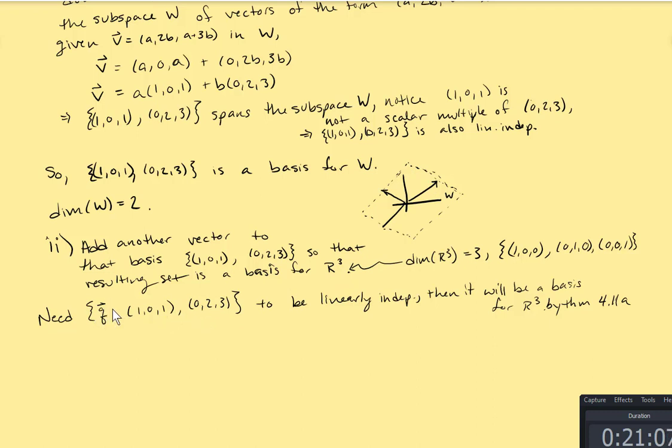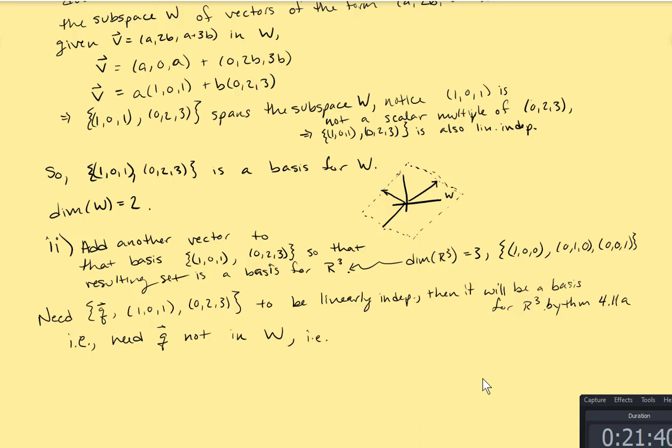So all we have to do is take a q that's not in this plane, not expressible as a linear combination of these. In other words, we need q not in W, not in that plane, which is fully described by linear combinations of (1, 0, 1) and (0, 2, 3).